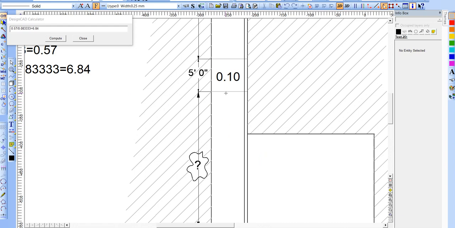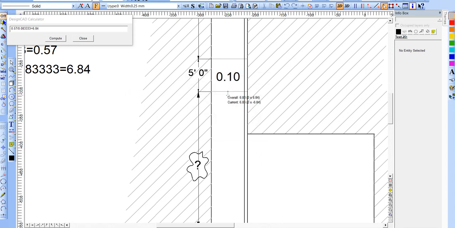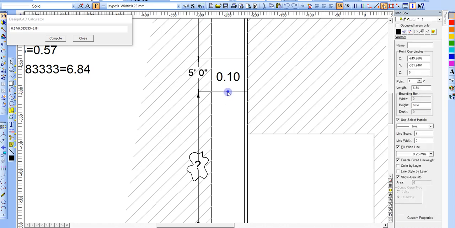So that's in inches. Scale, tab, 12, enter. Up and scale, tab 12, enter.